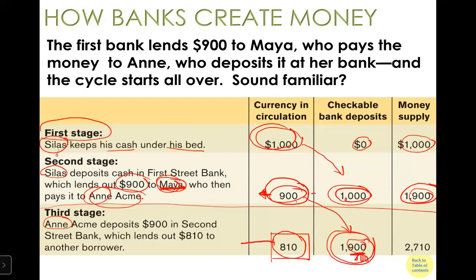Now in the third stage, you can see we have 2,710. Compared to the second stage, the difference lies here. In the first stage, the difference is here. In the second stage, the difference is here. In other words, the bank generates money supply through making loans. All right, so that is the key.